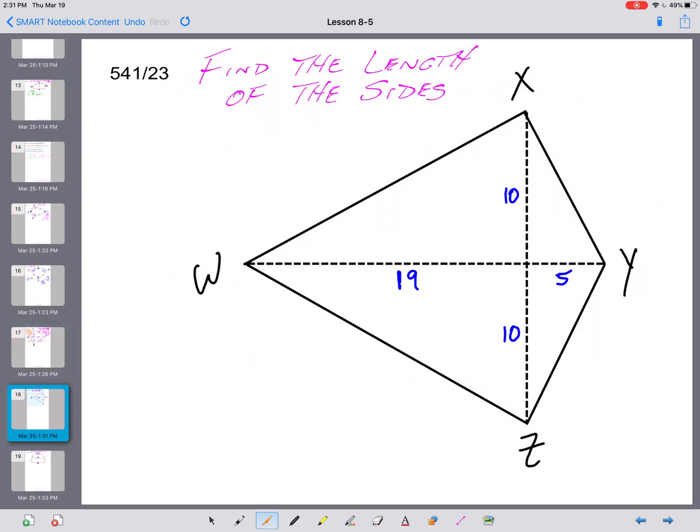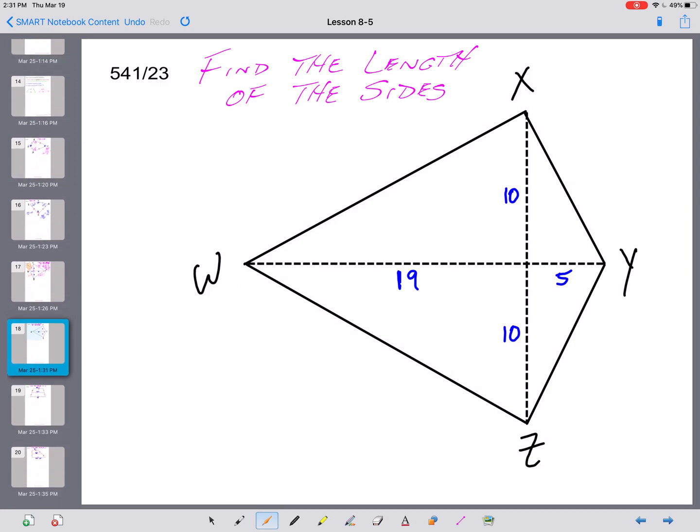Okay, here we go. Let's see what we got on this one. Again, same idea. We want to find the four sides. Well, we know this side and this side on a kite are the same. We know this side and this side on the kite are the same. And those diagonals are perpendicular. Set it up. Pythagorean theorem: 10 squared plus 5 squared equals c squared.